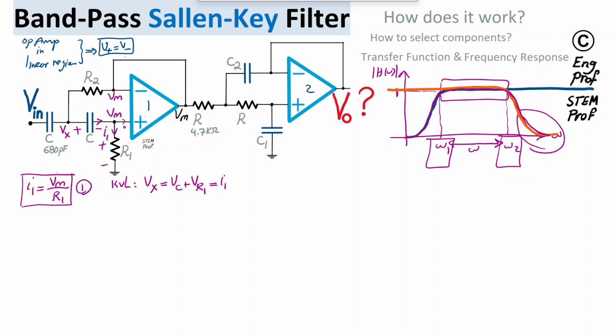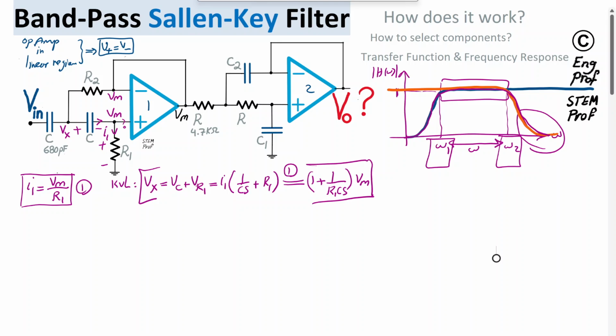So I1 times 1 over Cs plus R1. Substituting from equation 1, I'm going to substitute I1. I get 1 plus 1 over R1 Cs times Vm. Great. So I found Vx as a function of Vm. That's what I needed.